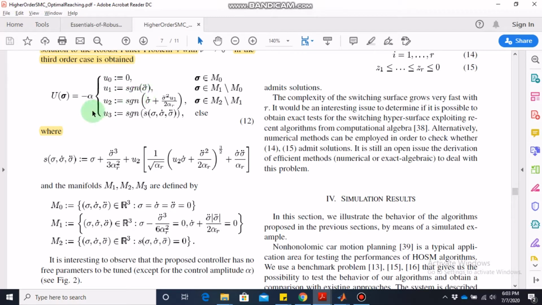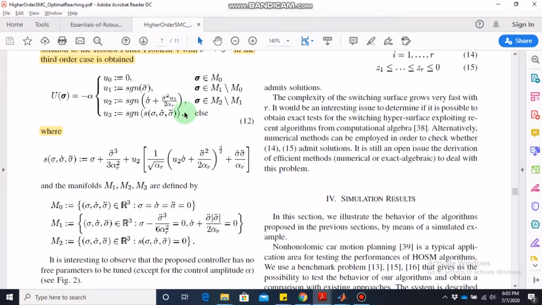Similarly, in the manifold M2, the part of M2 which does not contain any point of M1, you can assume that M2 is the largest manifold, M1 is contained inside M2, and M0 is contained inside M1.